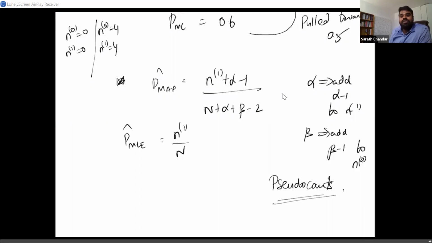So now if I have to move this value from 0.5 to, let's say, 0.6, I need to see tens of thousands of examples, or at least more than 1,000 examples. I have to see a lot of examples to come out of this prior. So in some sense, you can tune your prior in such a way that you can put your solution in the space that you want.